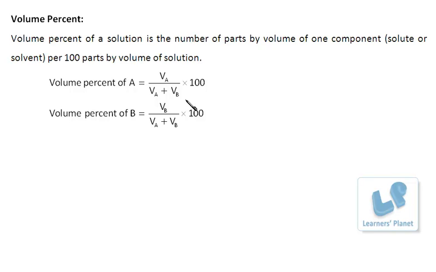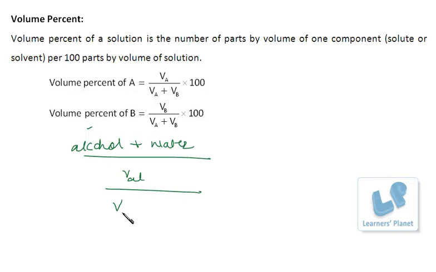Let's take alcohol plus water. So the volume of alcohol divided by the volume of alcohol plus volume of water, into 100, will give the volume percent of alcohol.